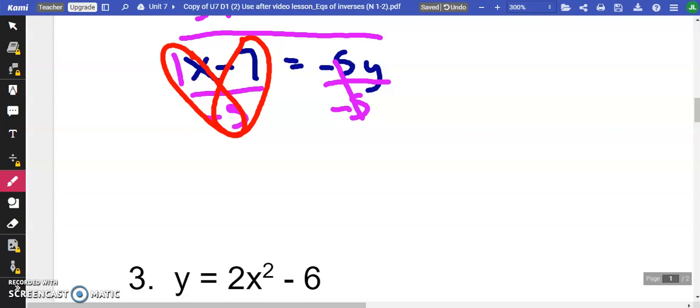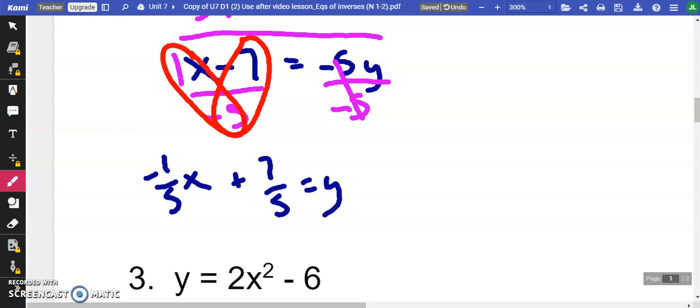So if we divide the 1 and the negative 5, we should see negative 1/5 x. And then if we divide negative 7 and negative 5, we should get a positive 7/5. So our inverse equation has been solved.